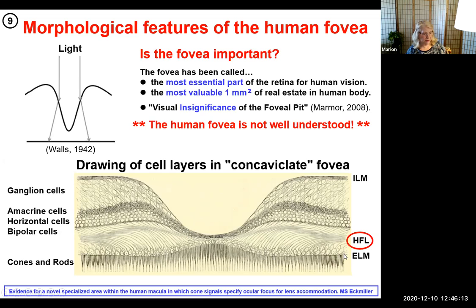We see the external limiting membrane, and the cone cell bodies connect via their inner axon to bipolar cells in the Henle, forming the Henle fiber layer. So there is only at the fovea this thick layer of oblique axons.